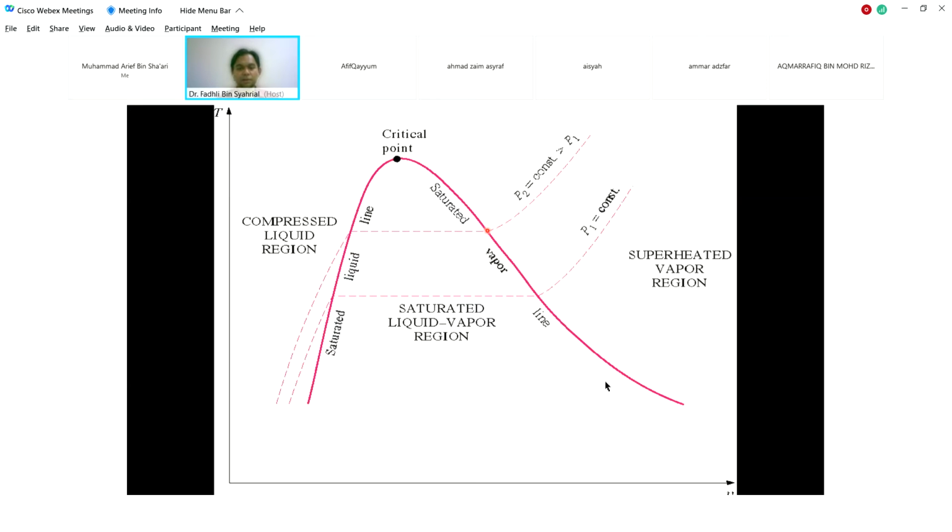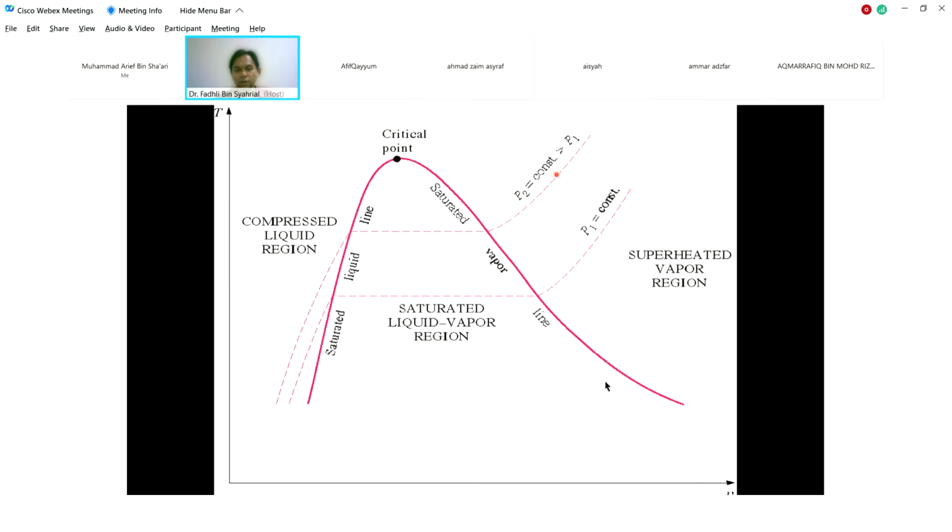But still the phase is the same. The pressure is only different. Next, if the point is located here, the phase is superheated vapor, because here the region is the superheated vapor region and the pressure is P1.